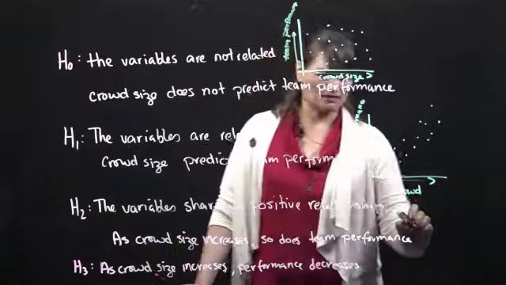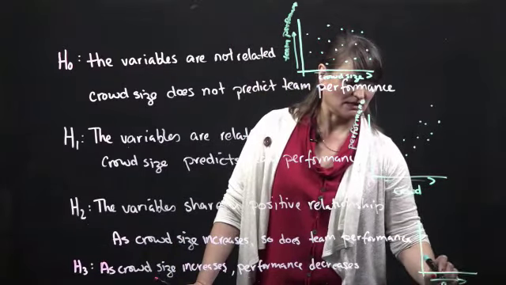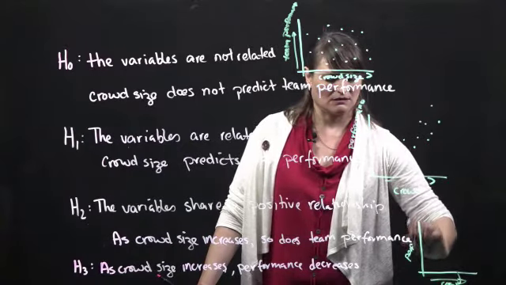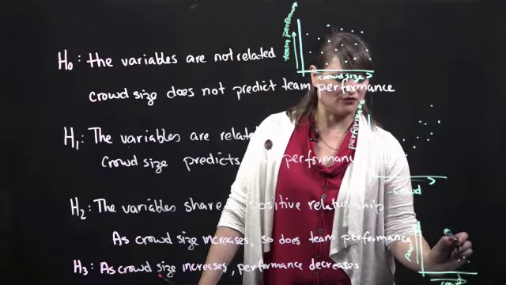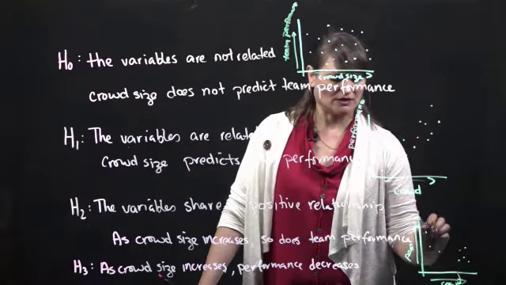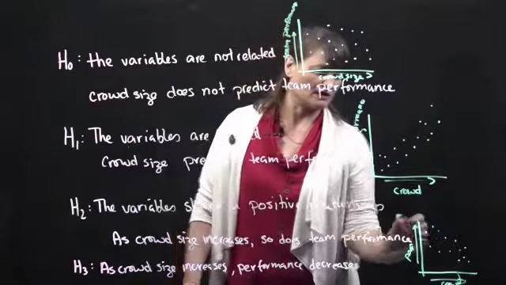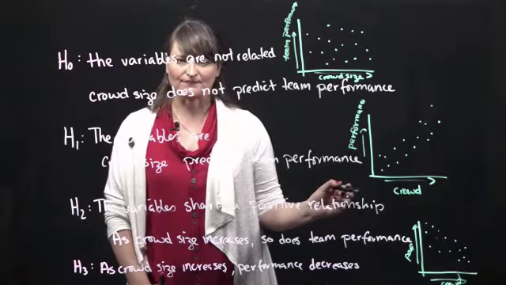So in that case, as our crowd increases, the larger crowds are associated with poor performance, and the smaller crowds are associated with better performance, and we're seeing a negative overall relationship there.